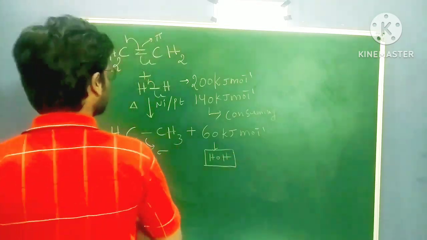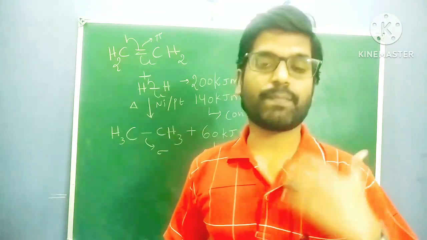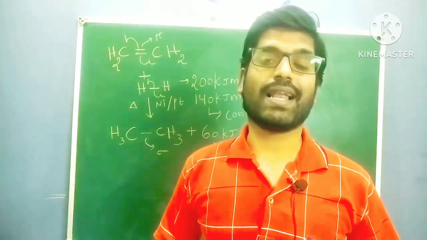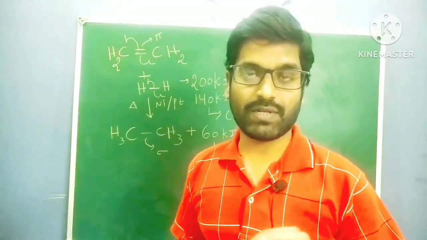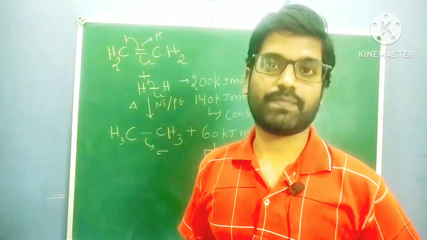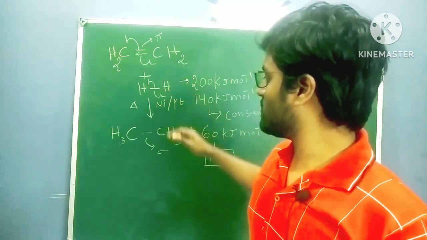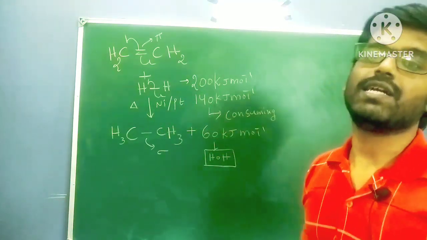Whenever you do hydrogenation, alkenes convert into alkanes, that is, the unsaturated system is converted into a saturated system to get stability. In this process some energy is released, and this released energy is nothing but your heat of hydrogenation.